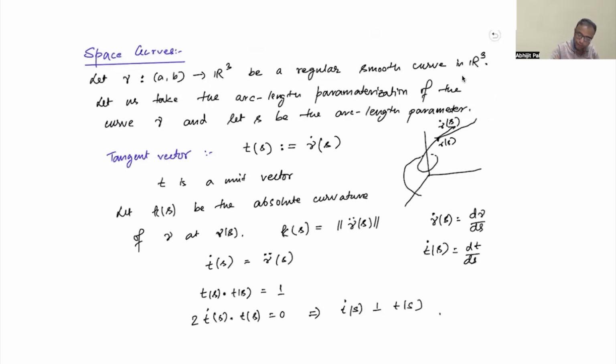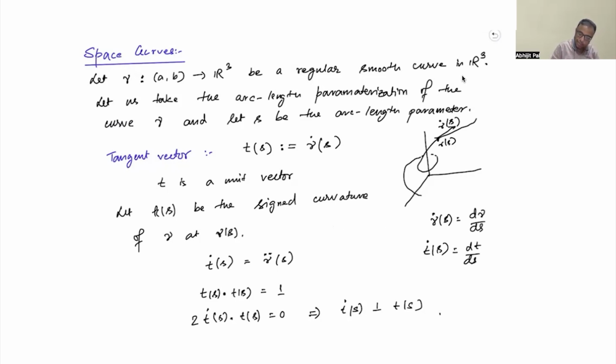Here, let us not take this k to be the absolute curvature. Let us take k(s) to be the signed curvature. We don't need k to be the absolute curvature.